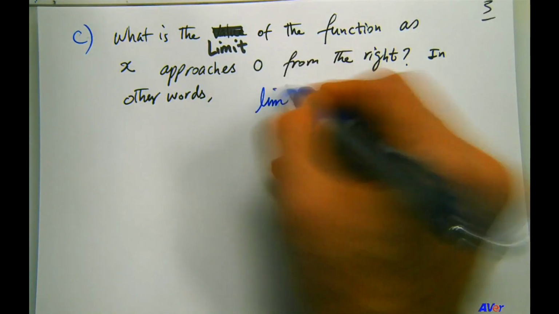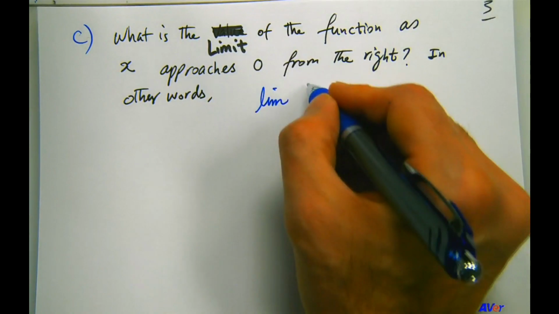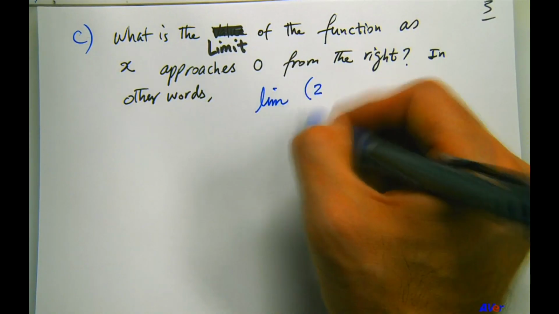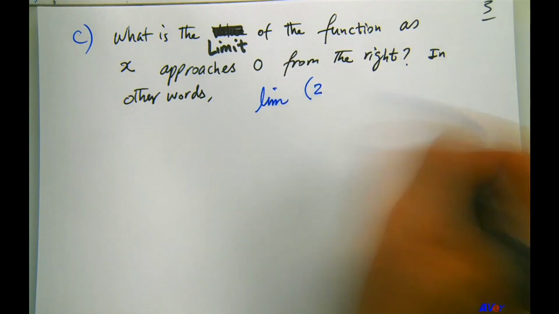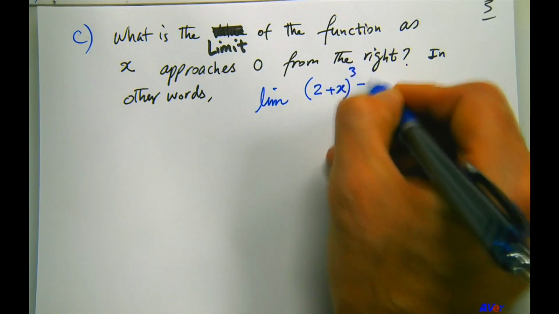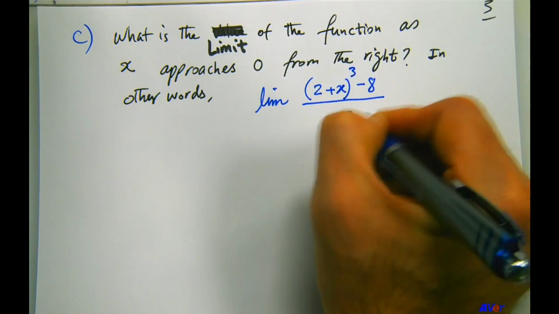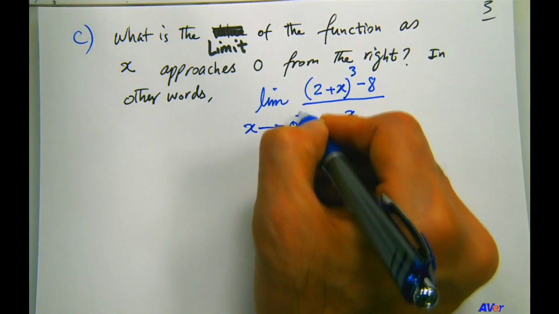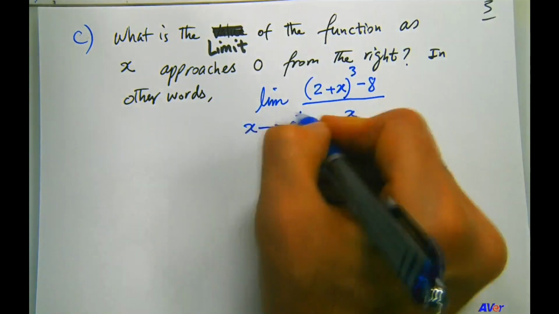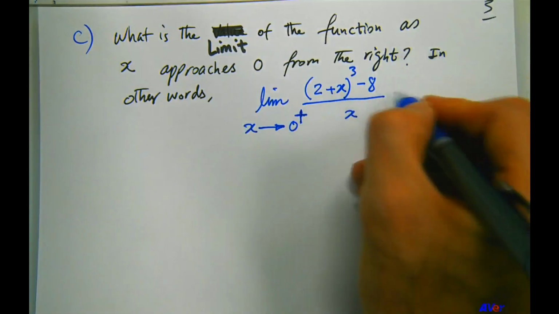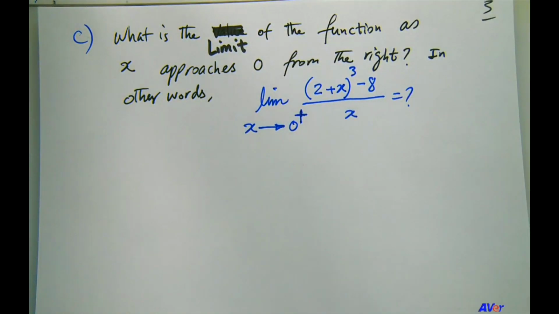What is the limit of this quantity? I just dropped the function notation, which is fine. So the limit of this function as x approaches 0 from the right. We have the plus sign in the upper right corner. That's the question we want to answer.